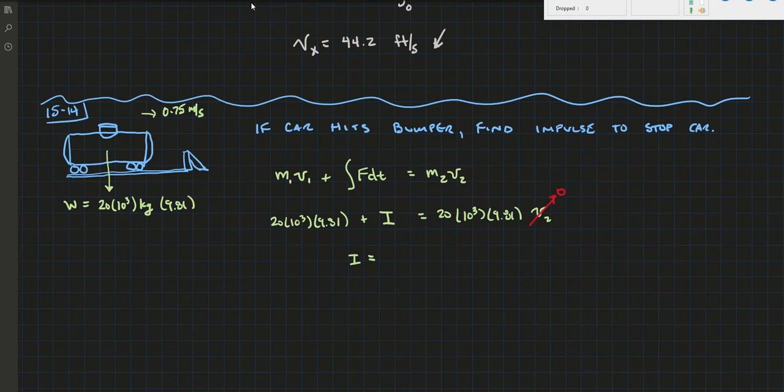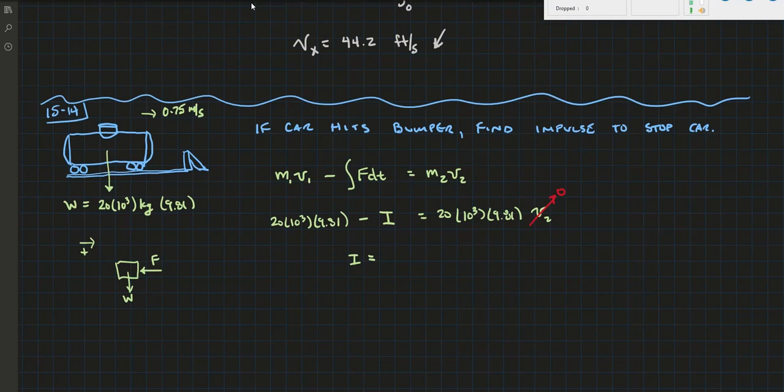now let's keep in mind that if this is our train car with weight, then the force to stop this is going to be in this direction. And if we're taking this as the positive direction, this really should be a negative here.